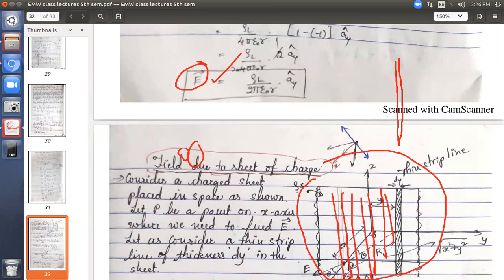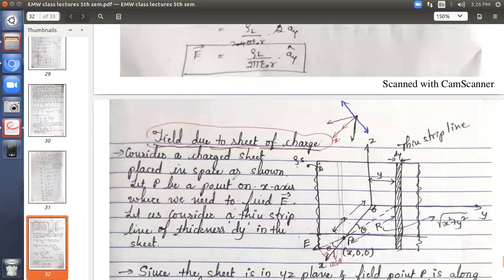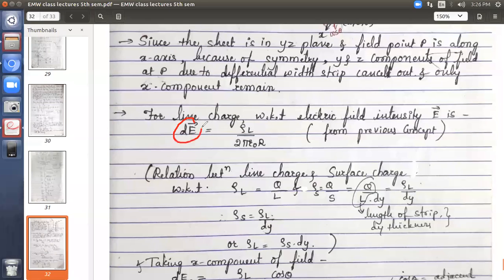So we have to integrate all together. For that, one single wire is dE only for this discussion. So it will become dE, not capital E directly. This is the already derived expression that we know.